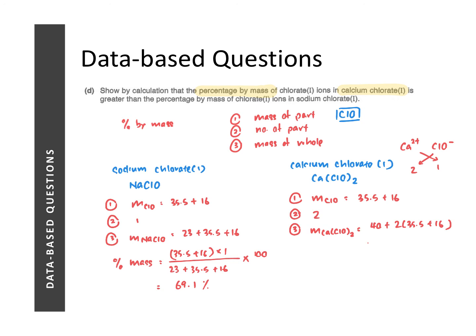Similarly, for calcium chlorate, if you apply the same formula, you will get a percentage of 72.0%. So the key challenge with this question lies in first recalling how to get percentage by mass, and secondly to derive the formula of calcium chlorate 1.